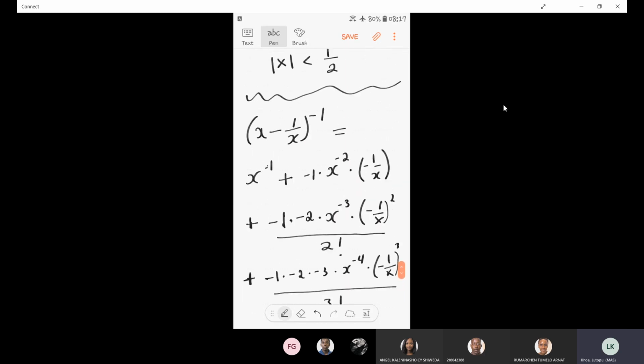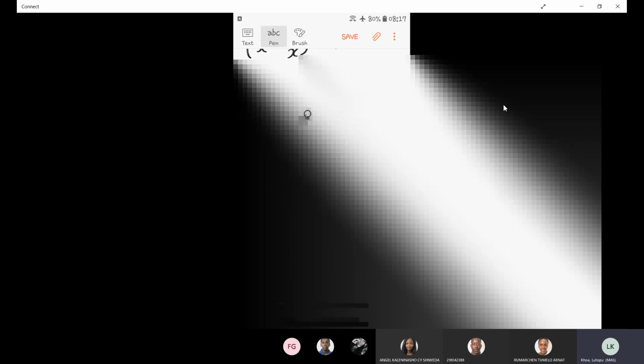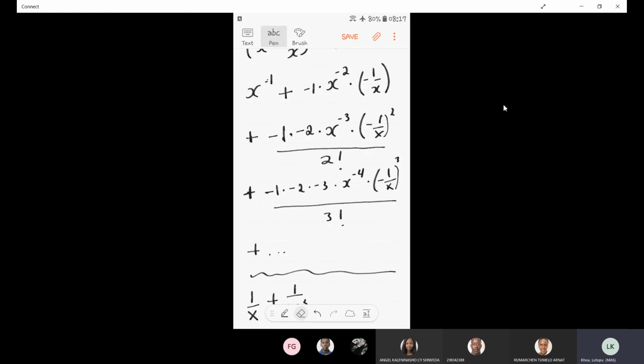And then the next one, I have negative, negative, that will be positive. So I have 2, so it's positive 2. And then I will be dividing that by 2 over here. So those cancel. And I will be left with 1 over x cubed times 1 over x squared.